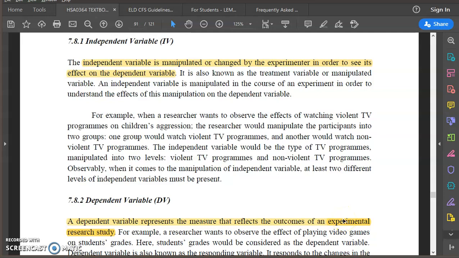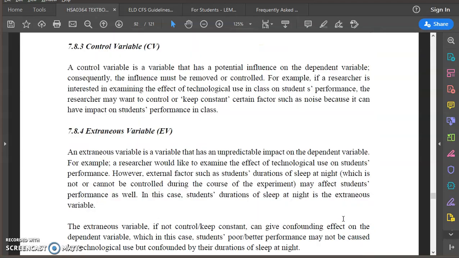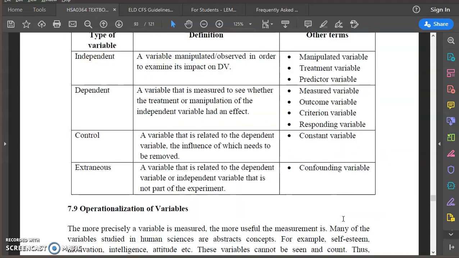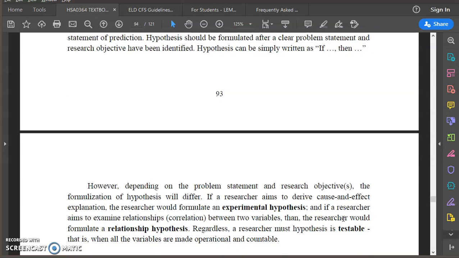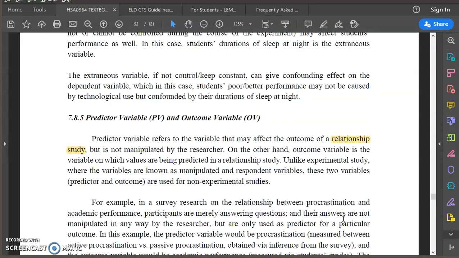So in order for you to understand these two, you need to be able to differentiate between experimental study or experimental research and also relationship study. Now these two terms are explained in detail in chapter 9.